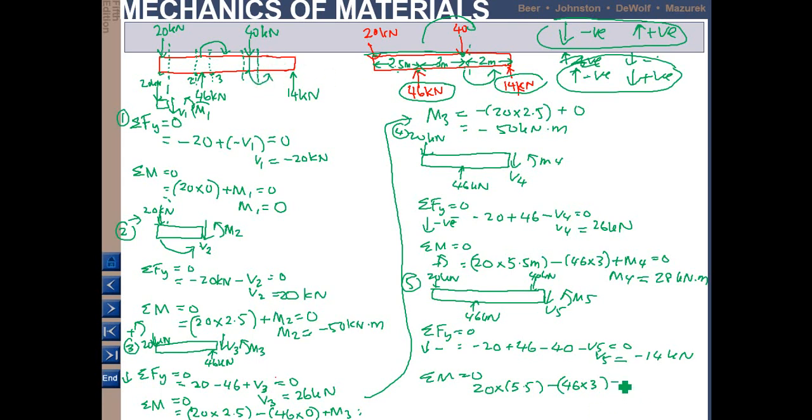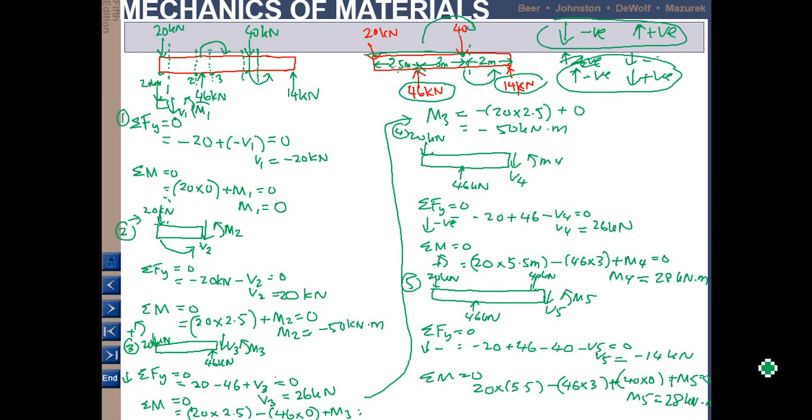So this is positive, which is plus 40 times 0, because the distance is 0. So it should be equal to plus M5, and then equal to 0. And then M5, if you calculate, you get 28 kilonewton meter.